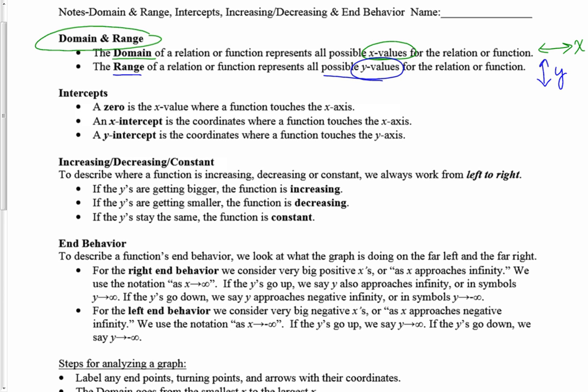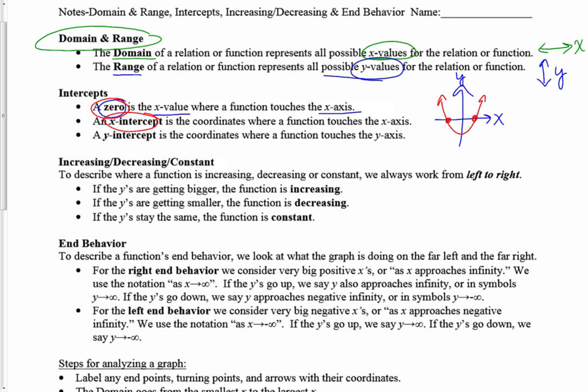Your intercepts are where you touch axes. So a 0 is the x value where a function touches the x-axis. So if I make myself a coordinate plane here and I have an x and y axis, then right here where I touch the x-axis, I can touch more than once if I want to, that is a 0 or an x-intercept.